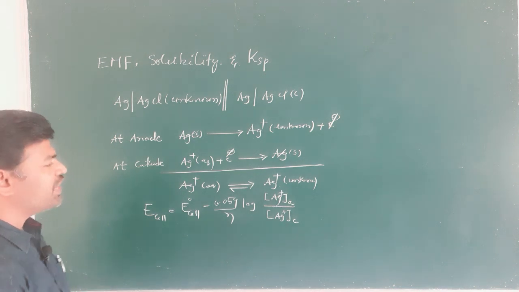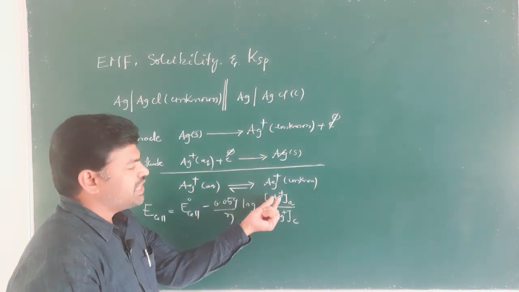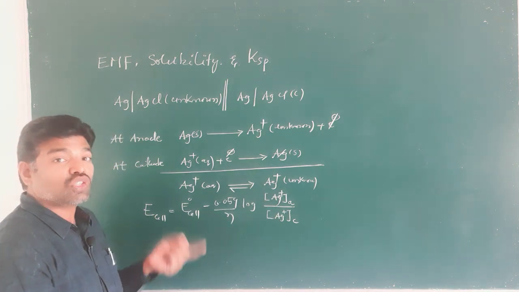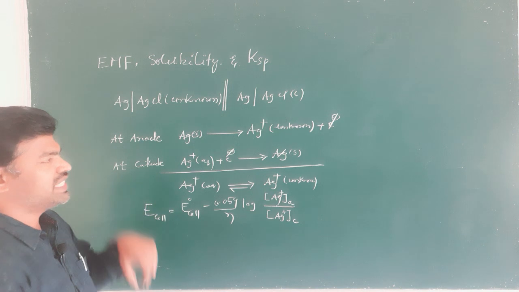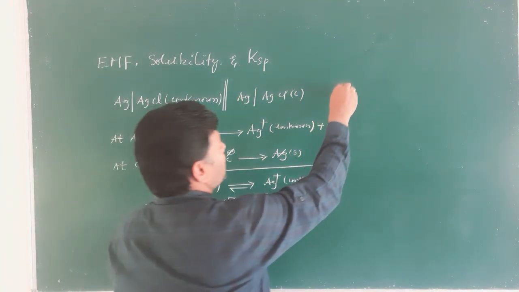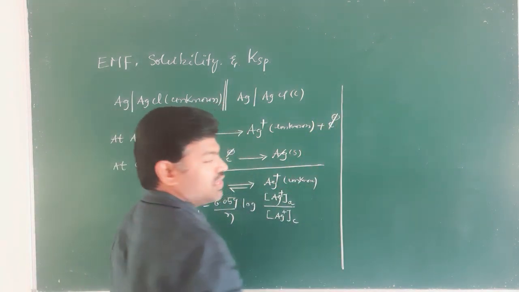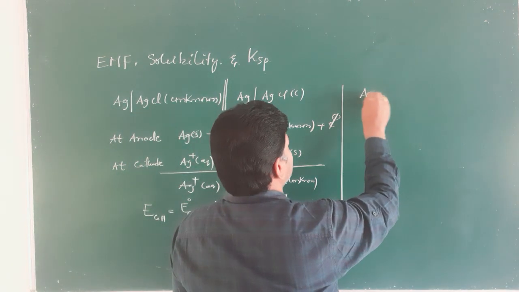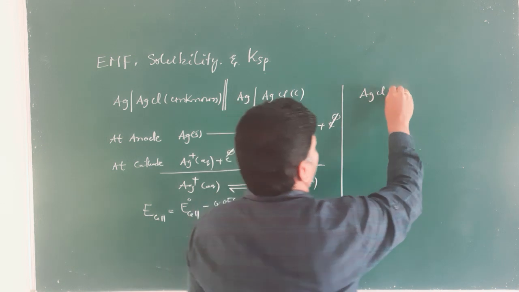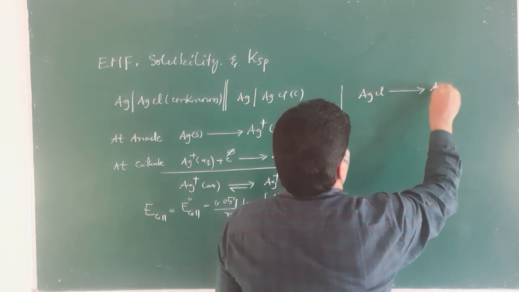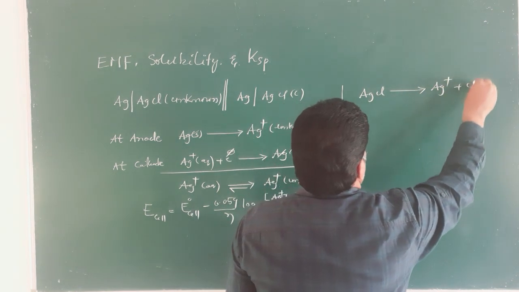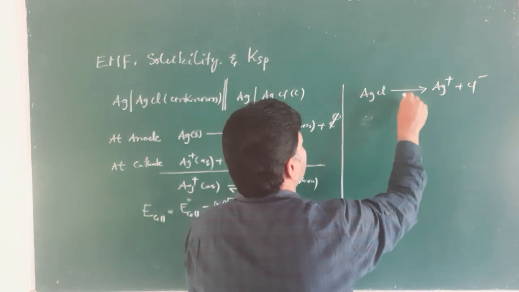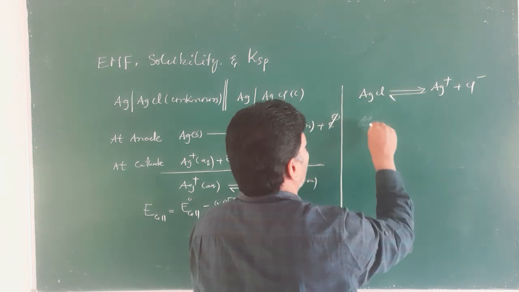Now we establish the relation between EMF of a cell and solubility product. Let us consider the solubility product for AgCl. We know that AgCl ionizes as Ag plus and Cl minus, and of course solubility product is also a type of equilibrium constant.